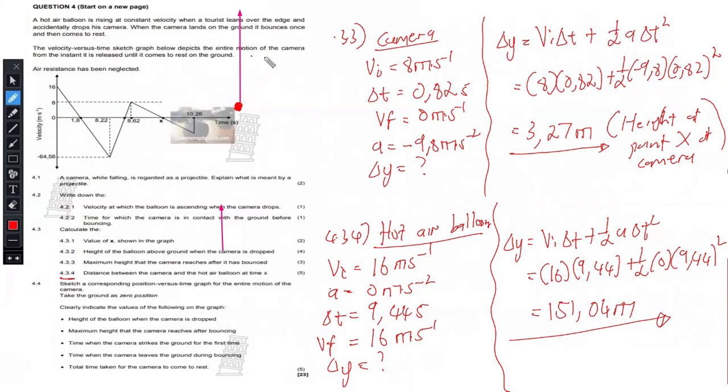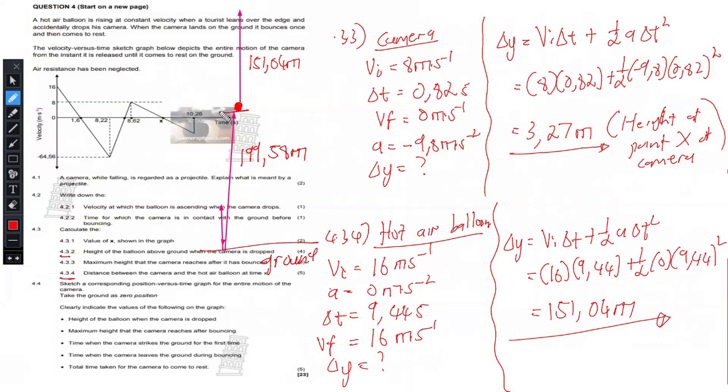So that's 151.04 meters. But then remember, we had already calculated how many meters above the ground the hot air balloon was. We did calculate in 4.3.2 that this was at a height of 199.58 meters above the ground.